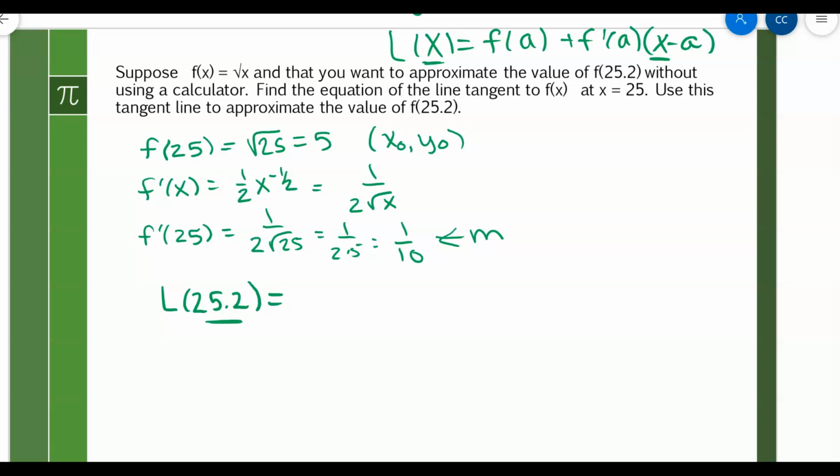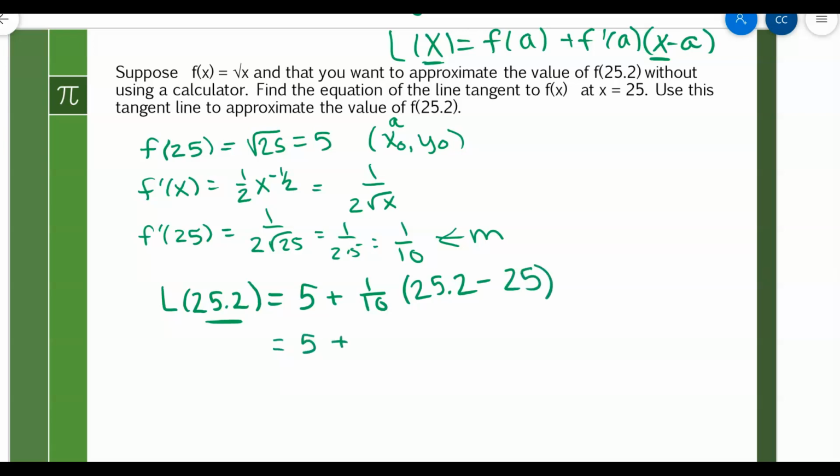My a is like my x naught, and my f of a is my y naught. So I have 5 plus the slope at 5, which is 1/10, times 25.2, which is my x, minus my a, which is 25.